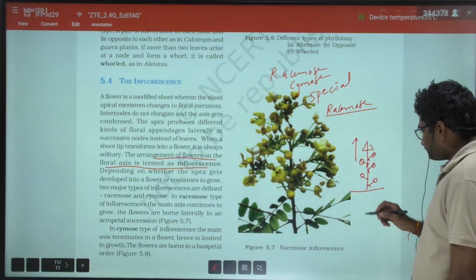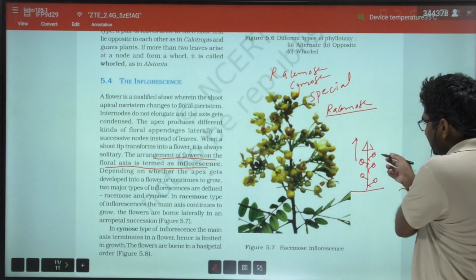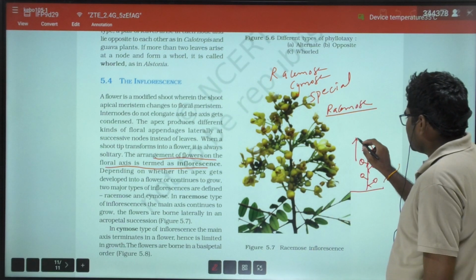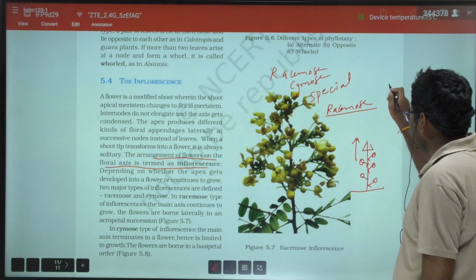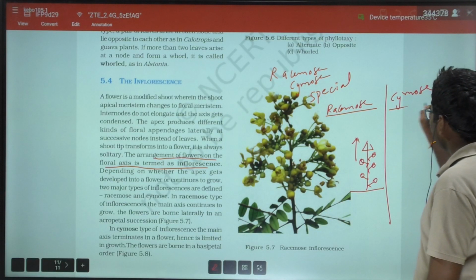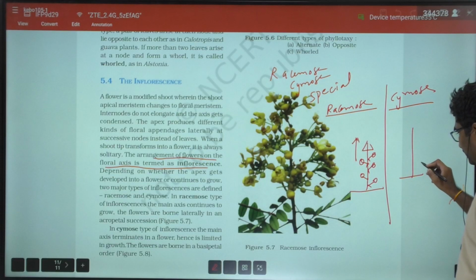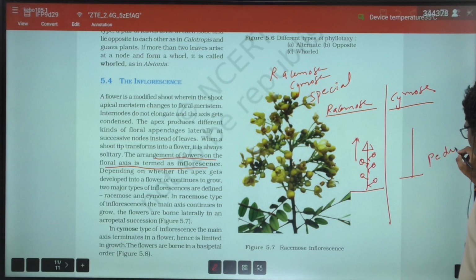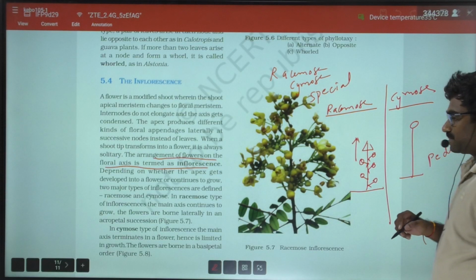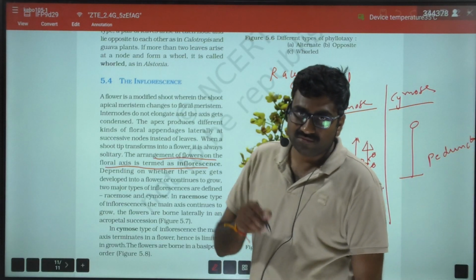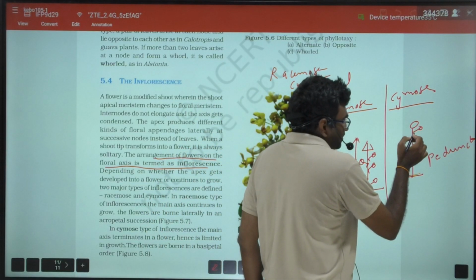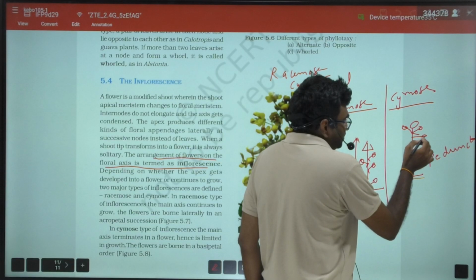So here the young flowers are present at the apex region and the older flowers are present in the basal region, right? So the main axis continues to grow in the racemose inflorescence, whereas in the cymose inflorescence, the main axis, also termed as peduncle, terminates into a flower, and the flowers are born in basipetal order.